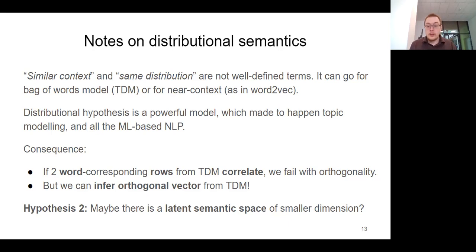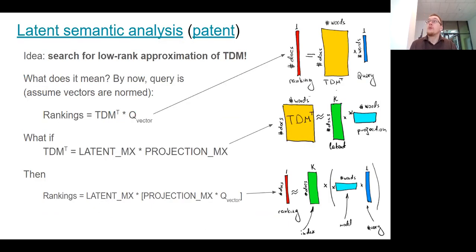Okay, so let's go. We have only 20 or 15 minutes left on this topic, and I think I will be able to cover the remaining things. So let's speak about how we can reduce dimensions and bring the idea of orthogonality together. These two things will be very useful if we do them together.